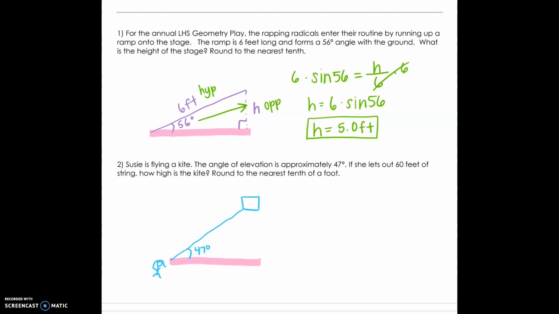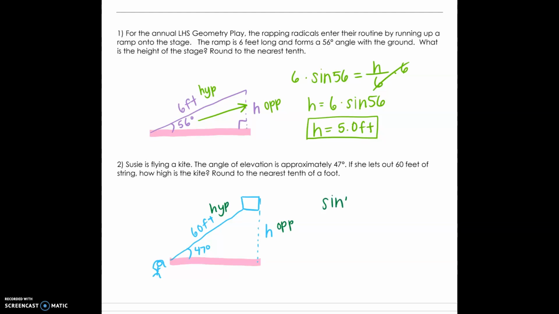It says she lets out 60 feet of string. So the kite string is 60 feet long. And they want us to find the height, how high the kite is. So H will be our vertical leg. Now that we have labeled all of our known side lengths and angles, we can solve for the height of the kite. We know that H is opposite of 47 and 60 is the hypotenuse. So we're going to use sine here.